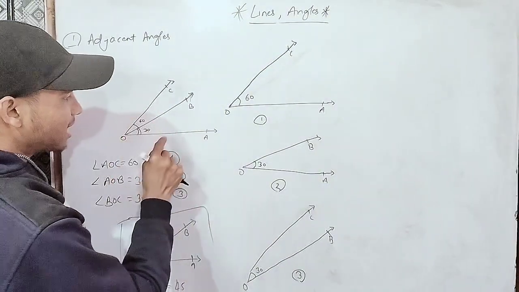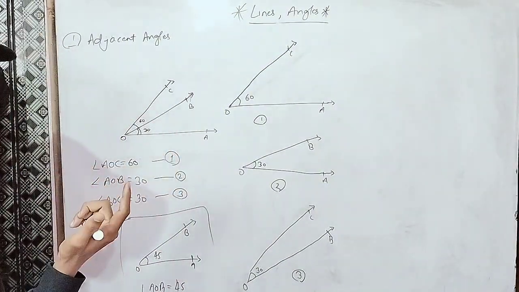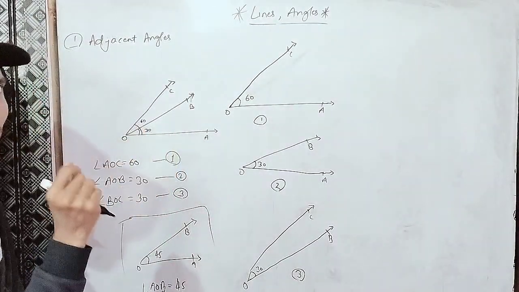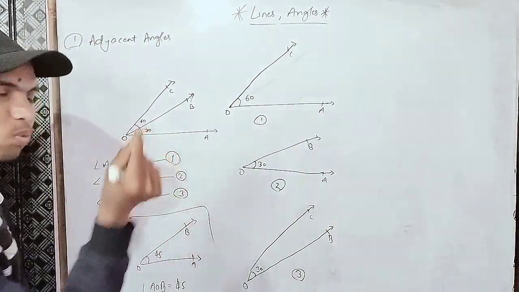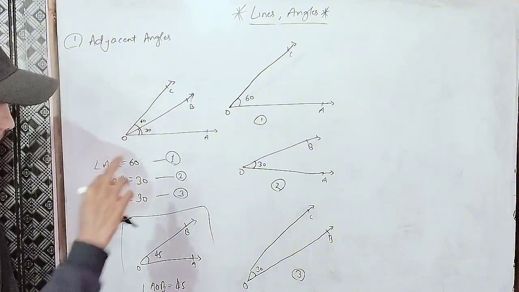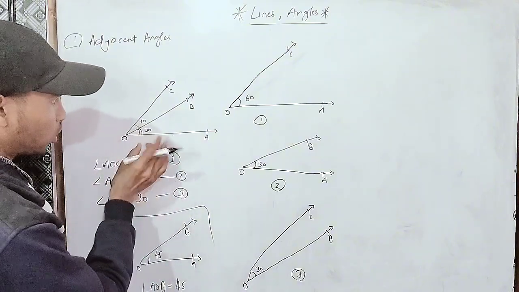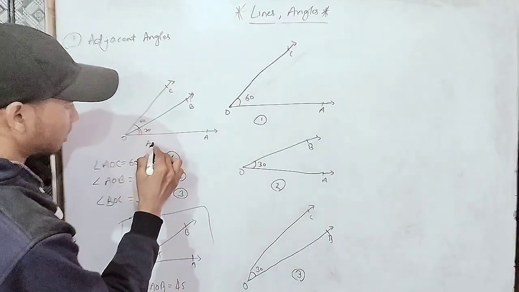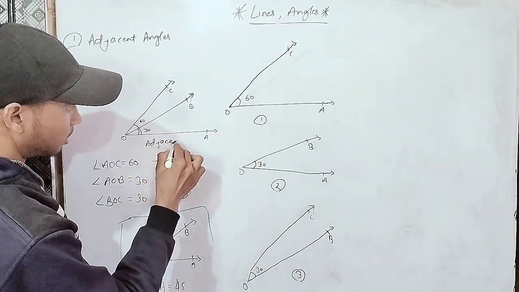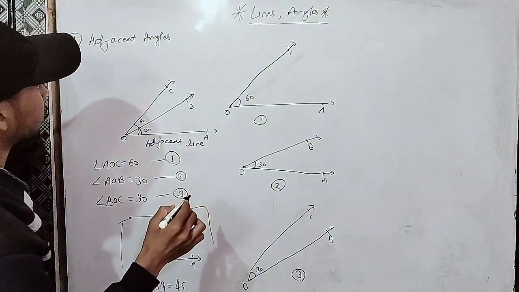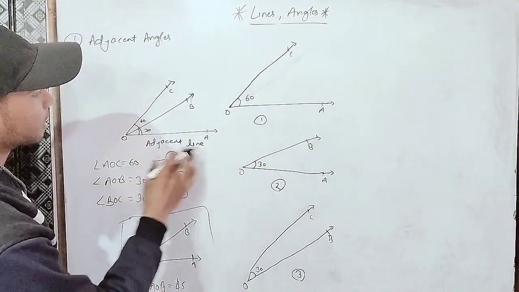But we can't say this is common, because this is one only. So first of all, you have to remember that this is the adjacent line.